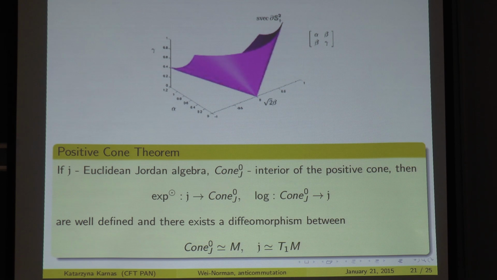And this is the analogy with Lie groups and Lie algebras, because a Lie group is, by definition, a manifold with a group structure, and a Lie algebra is defined as a tangent space.